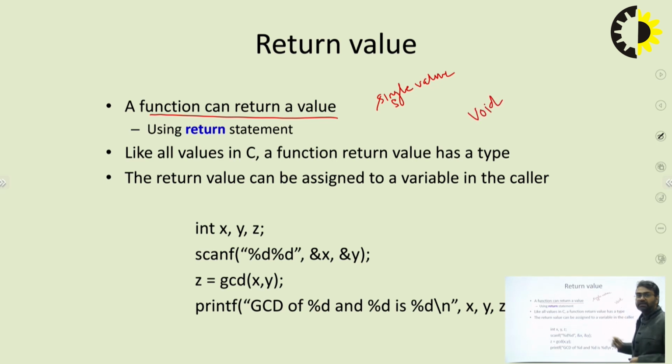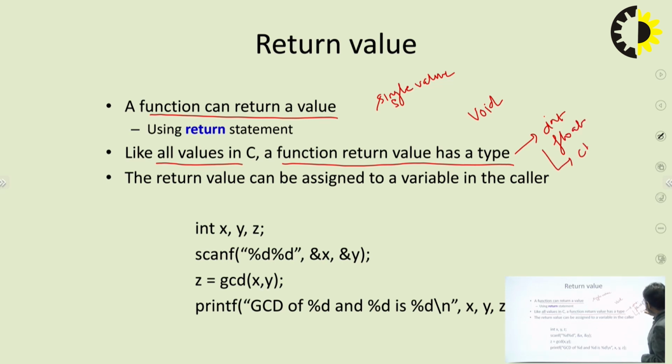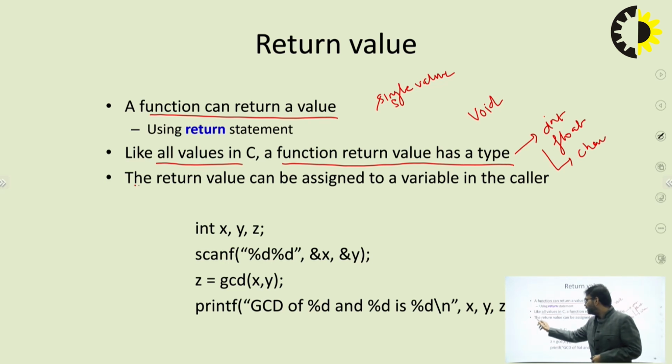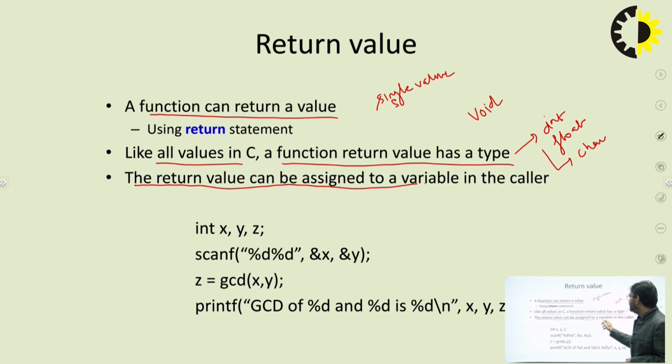It means it does not return anything. Like all values in C, a function's return value has a type. It can be integer type, float type, character type, any data type. Now, the return value can be assigned to a variable in the caller function.